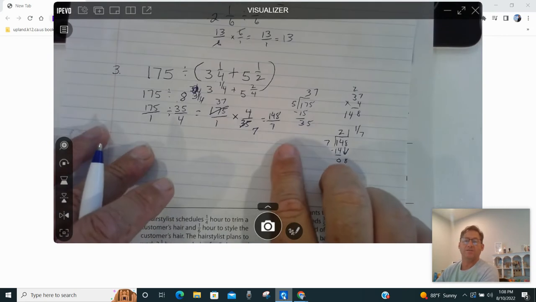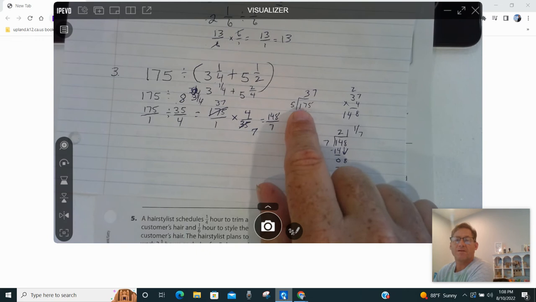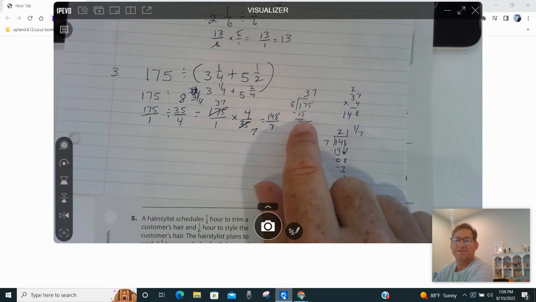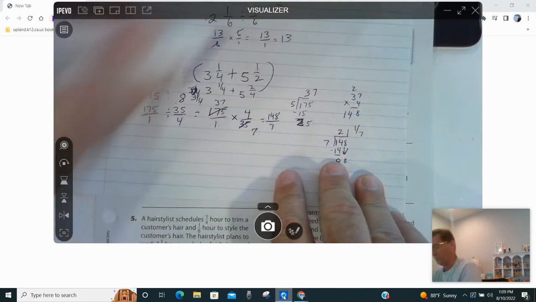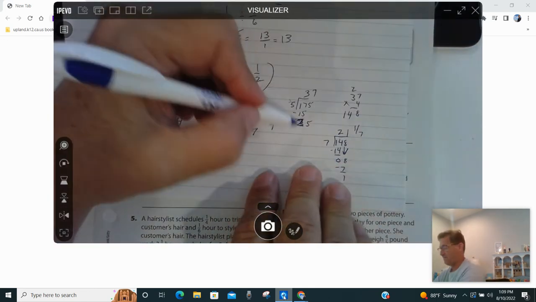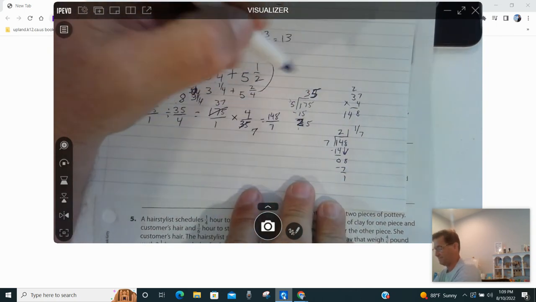I think I need somebody to make sure I'm awake here. Let's look at this division here. 3 times 5 is 15. But when I subtracted, somehow my brain told me 17 minus 15 was 3. Oi. 2, right? 2. All right, and 5 times what is 25? 5. So 35.